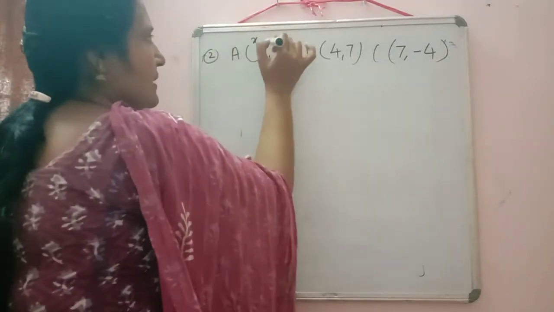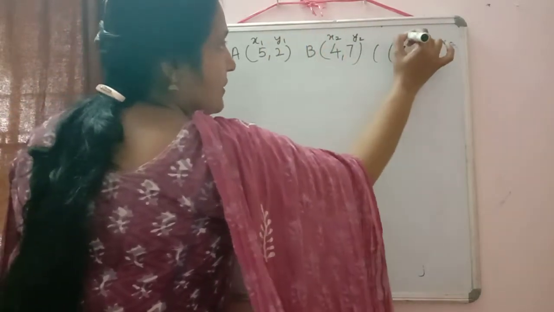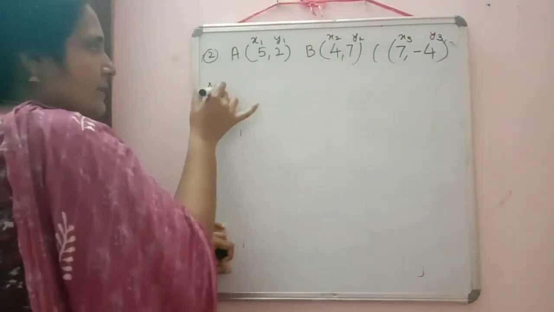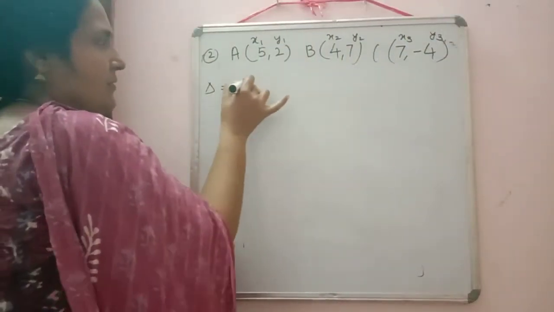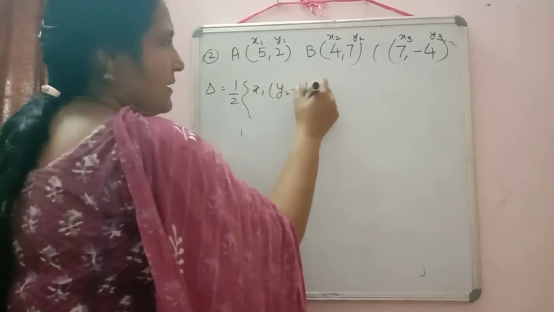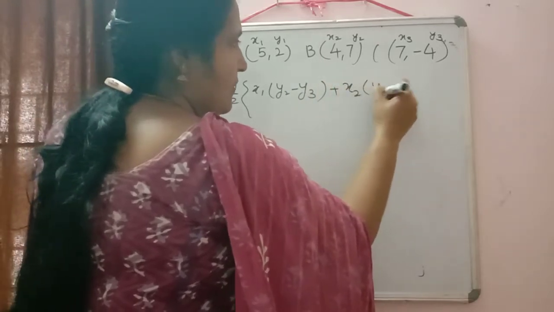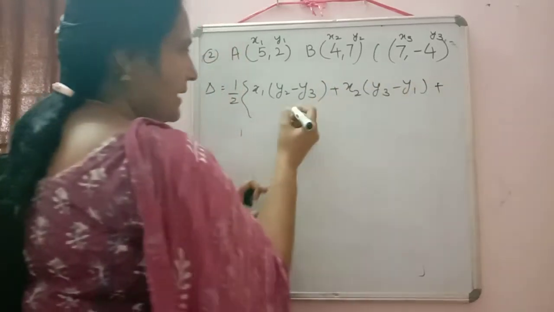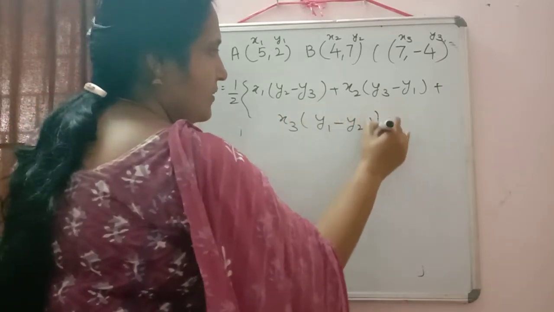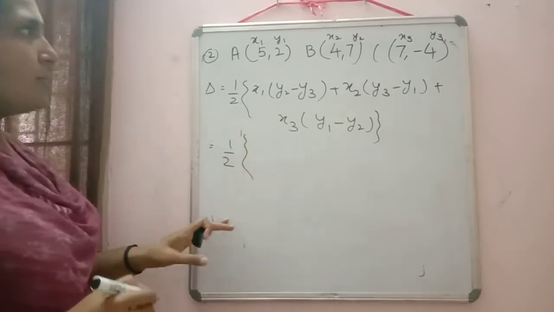So here only we can mention x1 y1, x2 y2, x3 y3. Now area is equal to half into, again write the formula, x1 into y2 minus y3 plus x2 into y3 minus y1 plus x3 into y1 minus y2. Now we will substitute the values. Half into x1.